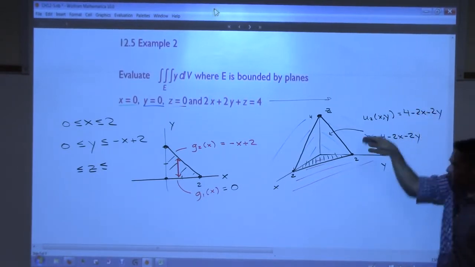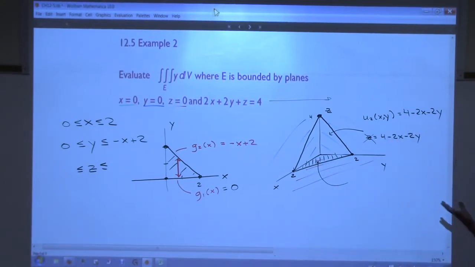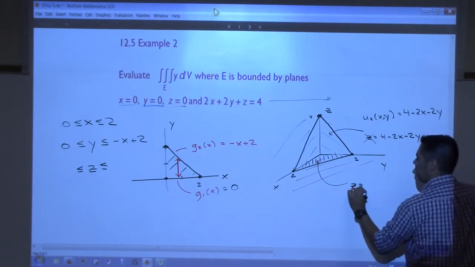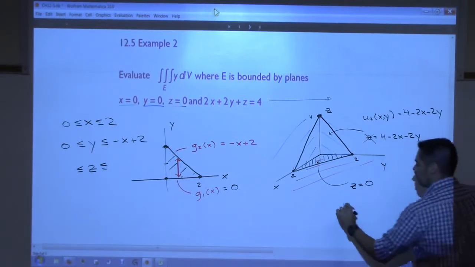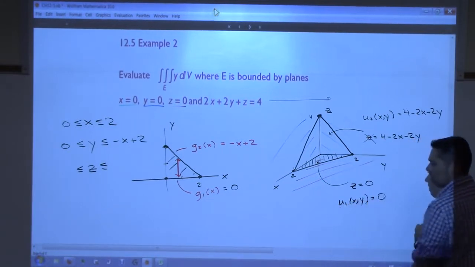And then what is the bottom surface? What's the bottom of that? It's just the xy plane, isn't it? The equation of the xy plane is z equals 0. But that's my u1 function. So u1 of xy equals 0. Understand?